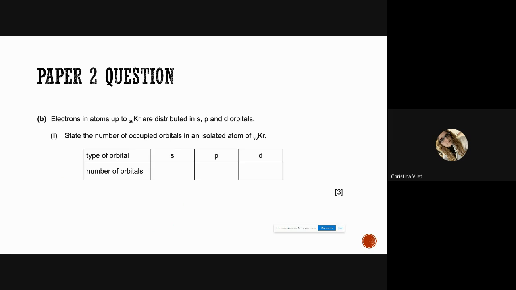What is the full electron configuration up to krypton? Start at the beginning. 1s, 2s, 2p, 3s, 3p. I got us to argon. 4s, 3d, and then 4p6.